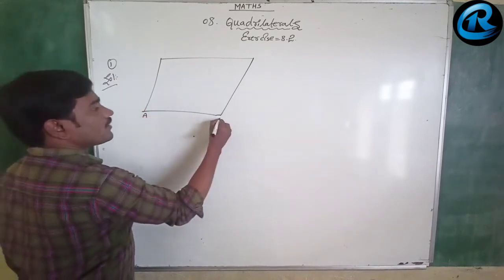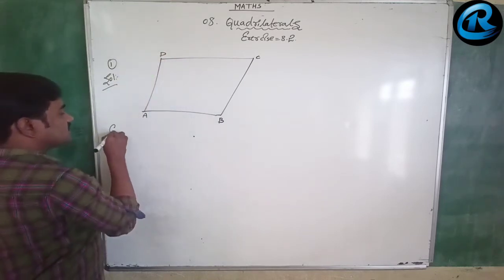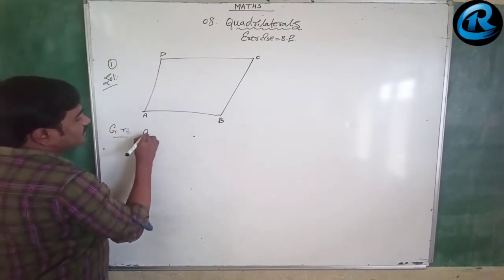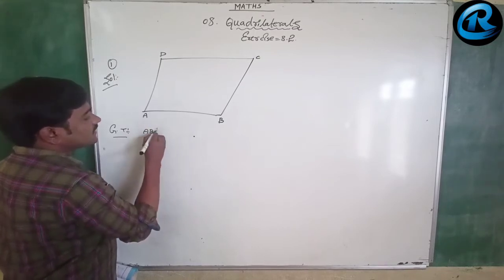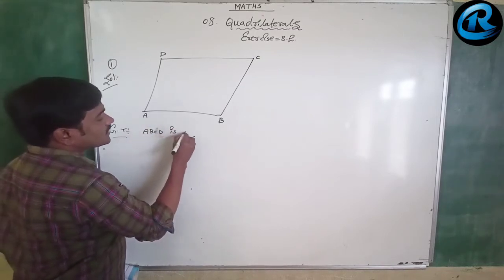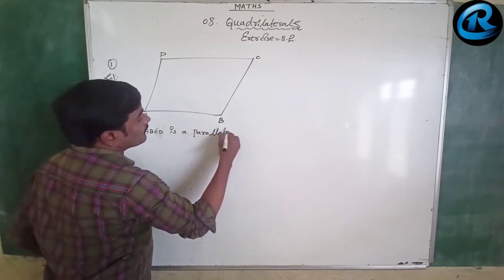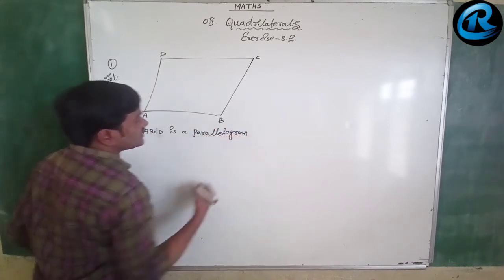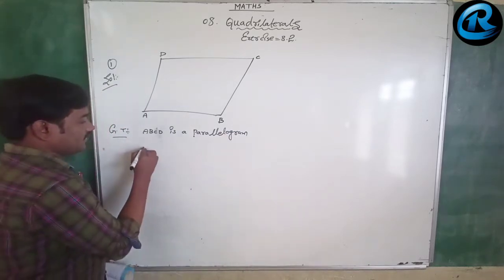Here A, B, C, D. Given that ABCD is a parallelogram and ABEF is a rectangle.